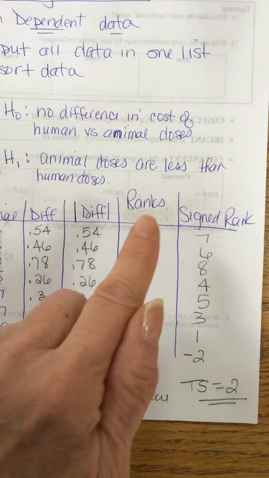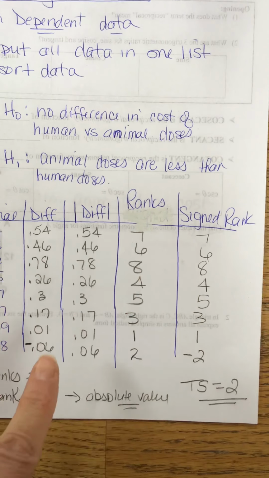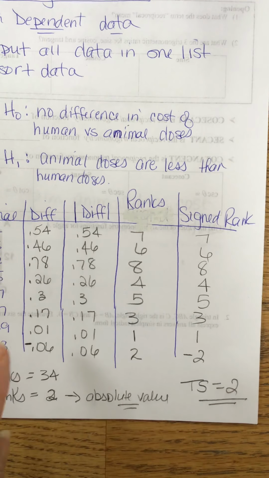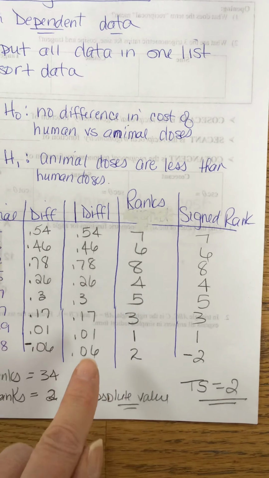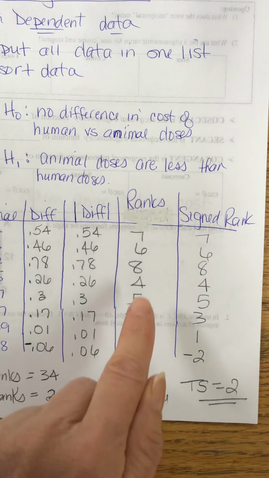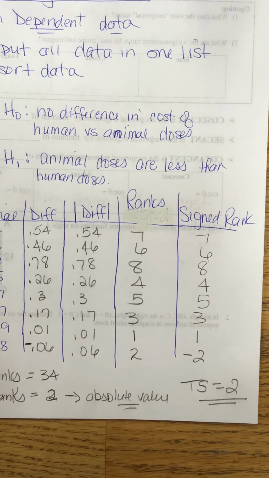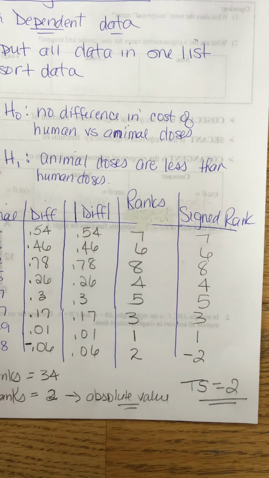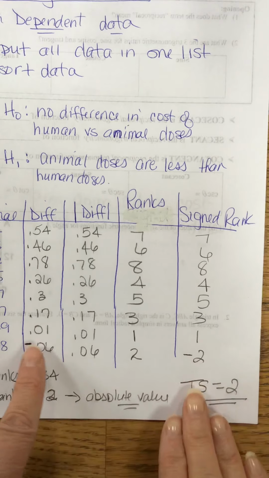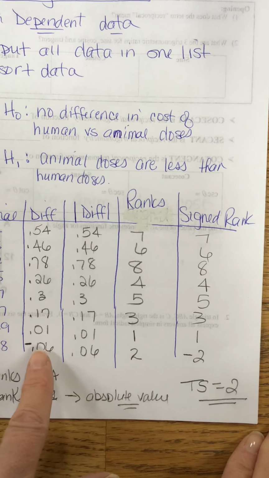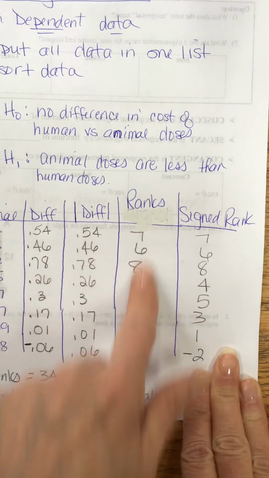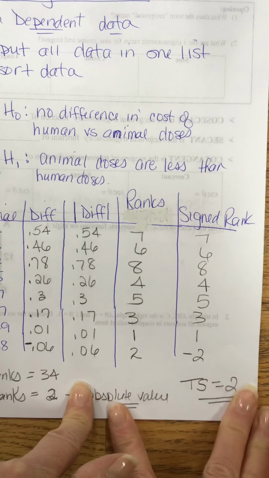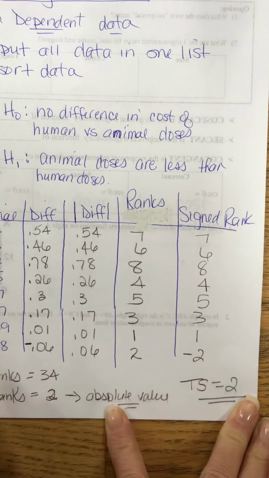We want to rank them without it mattering whether it's positive or negative, so that this 6 cents lands where it's supposed to land. It doesn't land in a particular place. And it's not always going to be ranked 1 because it's negative. So you rank the absolute value of the differences, and then you add them up.